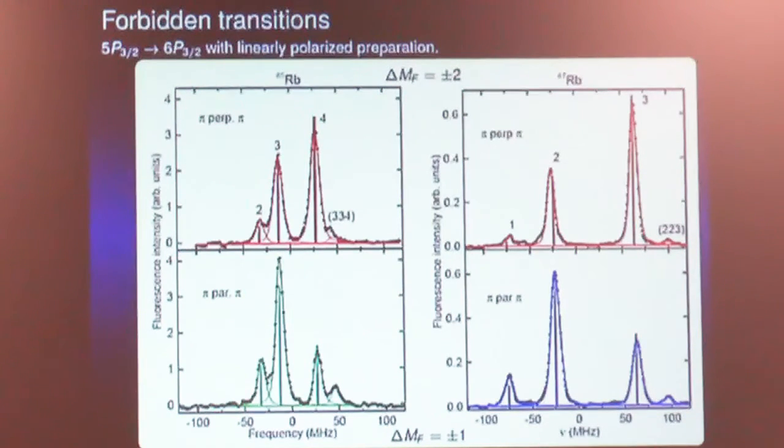And you see that there is a very strong change in the spectrum. So these ones are probing the delta MF equals ±2 selection rules, these two on top for the two isotopes. And these two in the bottom are due to the selection rules delta MF equals plus or minus 1.